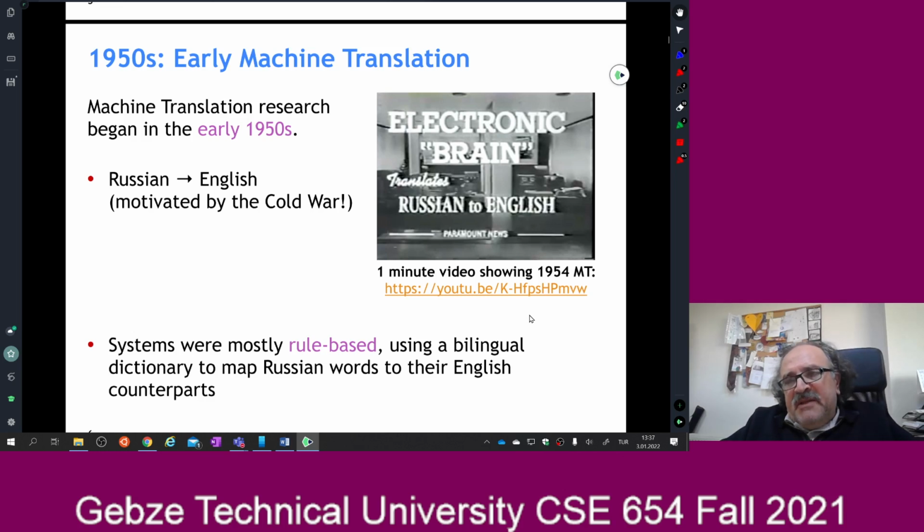Well, we know that replacing words from a dictionary is not a very good way of translating. You have the grammar, you have the phrases, you have the semantic mechanisms of different languages. So it is not that easy. This kind of rule-based stuff, if you see this, then this is that, did not work very well. And people soon learned in the 1950s that this is not a trivial problem. This is a difficult problem to solve.